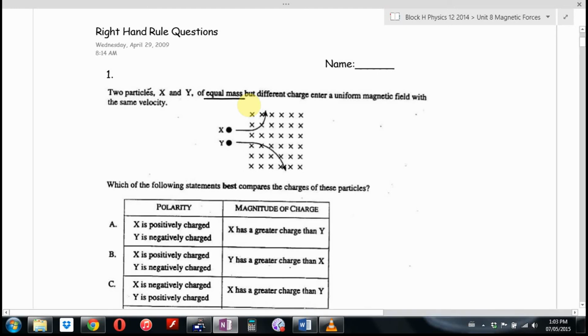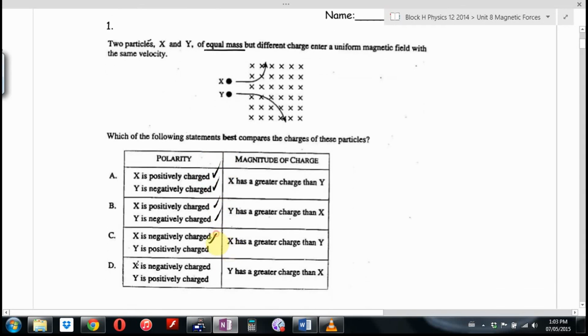Not after, at the beginning. The other stuff is showing you how it got deflected. So to the right. What direction is the magnetic field? Into the page. Which way will a positive charge get deflected? Up. And okay, so you know what? X is positive. What can you tell me about charge Y since it got deflected down? What must it be? Negative. So that could be good. Yes, yes. No, and no.